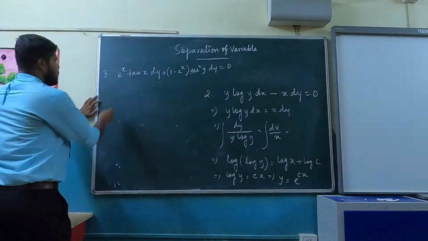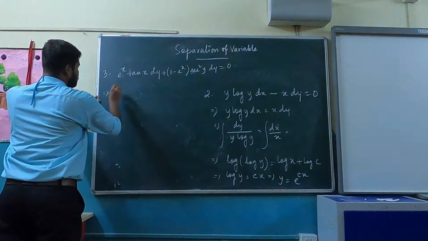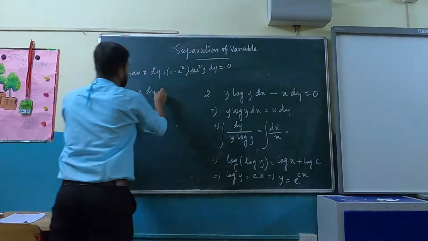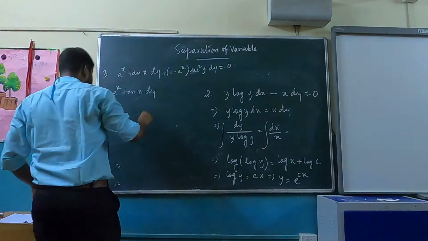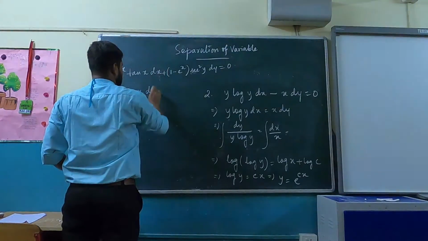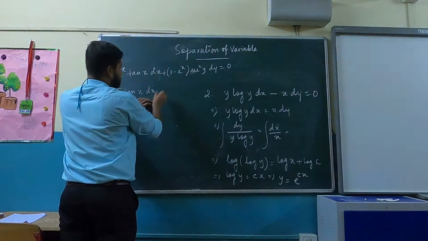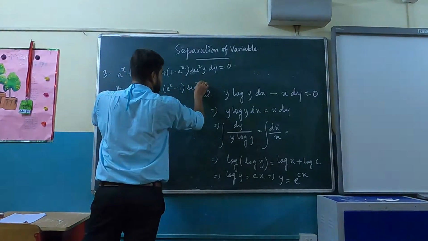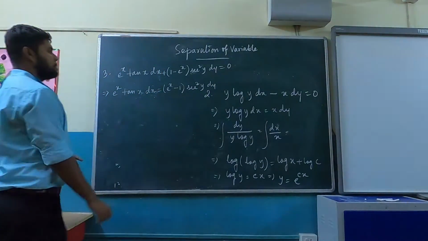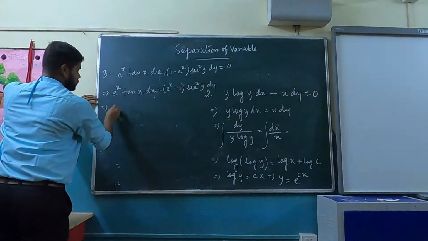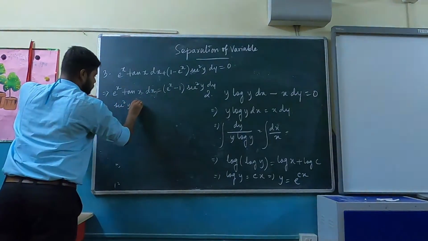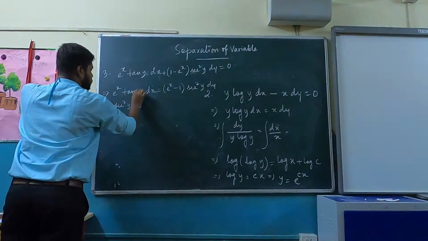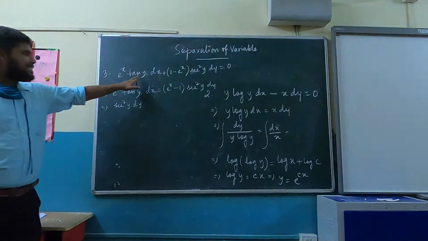Third problem. So e to the power x dy by dx, this is tan y.